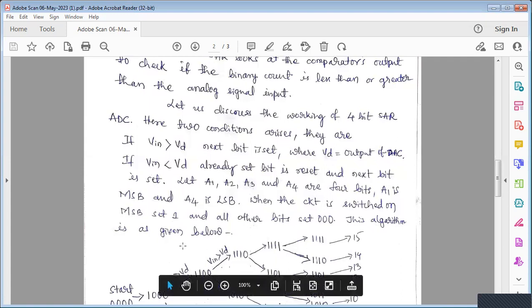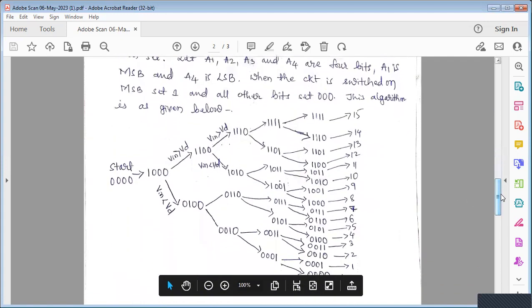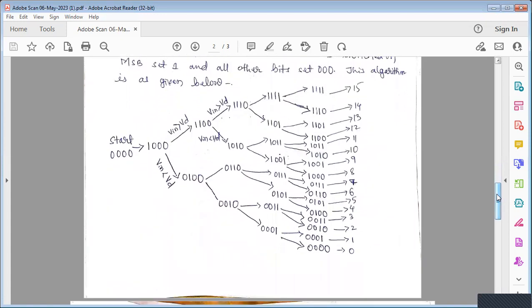So this algorithm is given below. The algorithm for this 4-bit DAC is shown here, and I will explain how it works. Start. The signal enters here, the clock begins, and before switching on the circuit, all the bits are at 0, 0, 0 level.